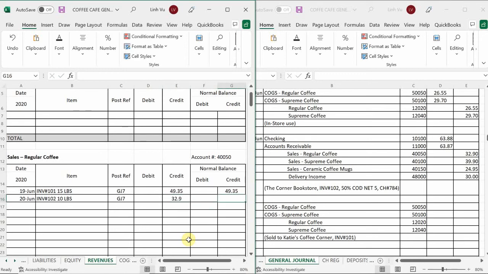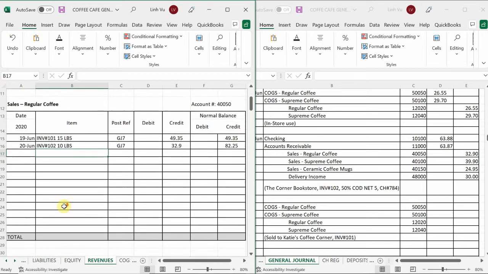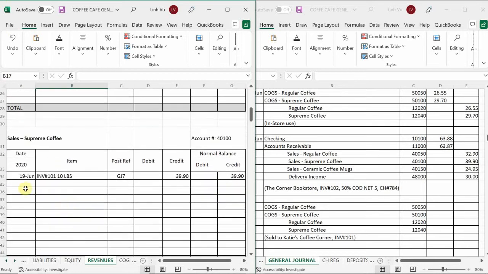And then now we have $82.25 in credit. And PayPal's, that is also 10 pounds.